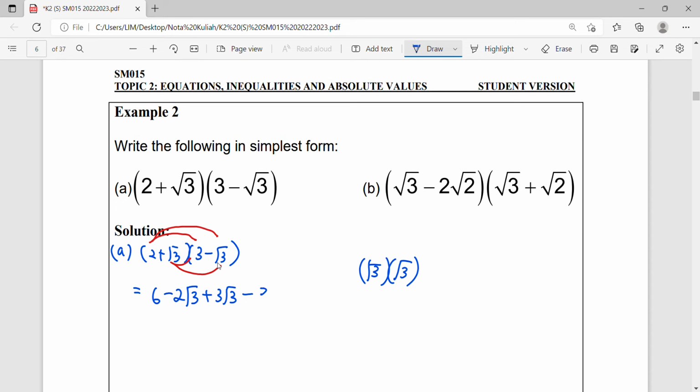So it becomes 3. So we can collect our real numbers. 6 minus 3 gives you 3. For the surd part, for surd 3 you have negative 2, for surd 3 here you have 3. So 3 minus 2 we will have only 1 surd 3.